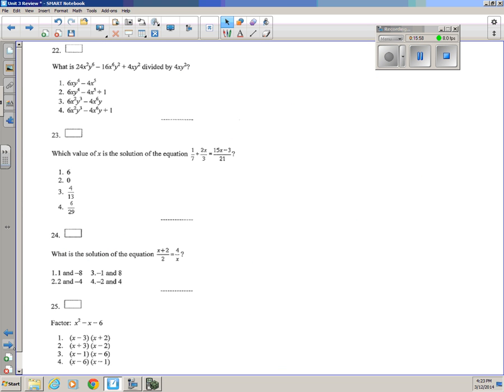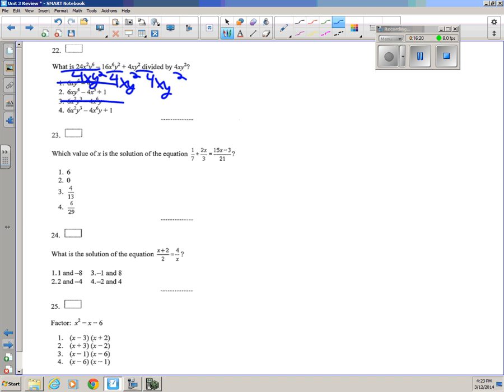When we divide this trinomial by 4xy squared, you're dividing everything by 4xy squared. The key thing here is to realize that the last term is a positive 1, right? So anything that doesn't have a 1 in it, you know you can get rid of. These are gone.